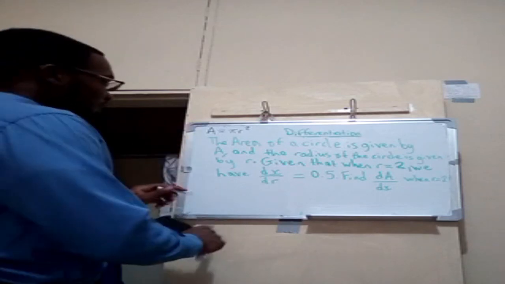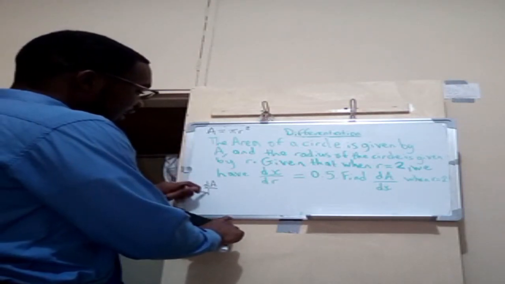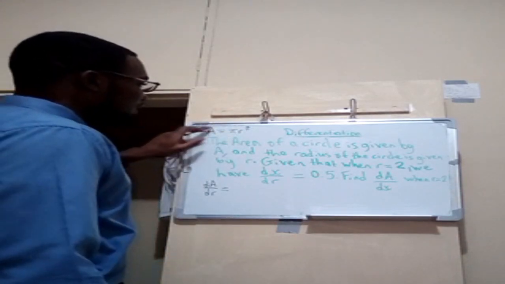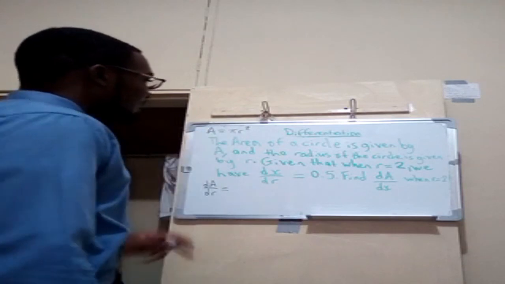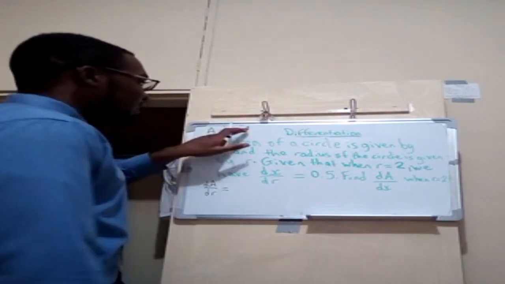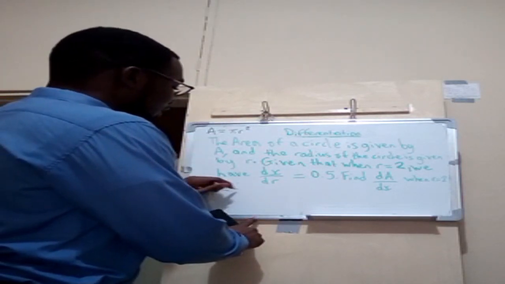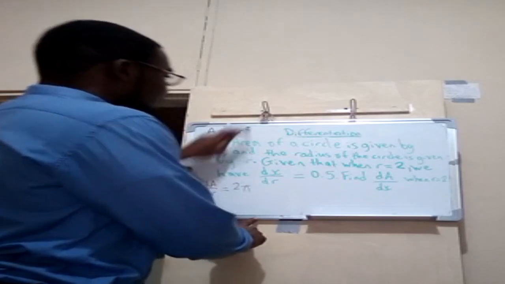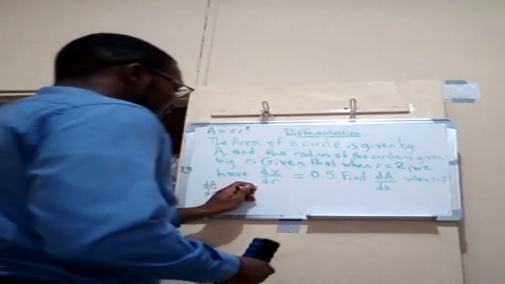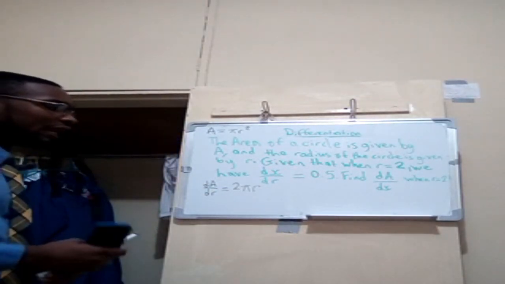Now, the area of a circle is pi r squared, and so what that is telling me is that dA by dr is equal to, I can differentiate A with respect to R. Think of A as a y and R as an x. So I can carry down the power to get 2, subtract 1 from the power to get pi times 2 times R. So dA by dr is 2 pi R.